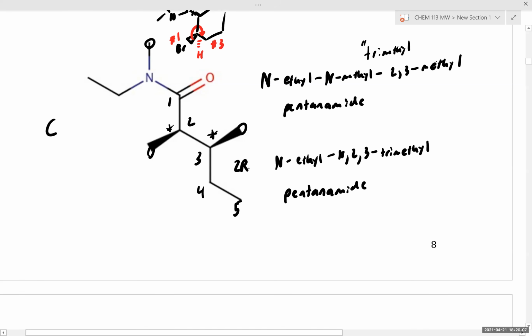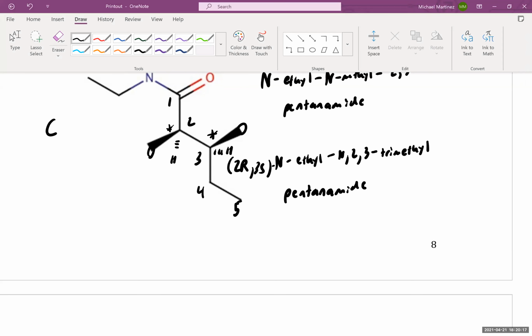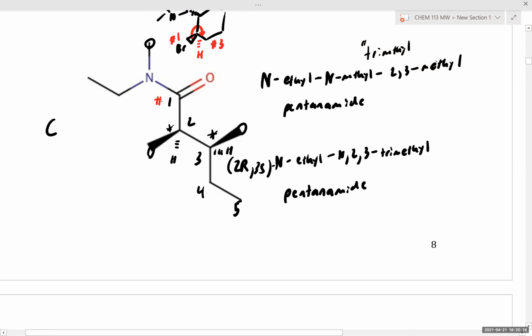So we have an assignment of 2R3S. Okay, let's take a look. For each of these stereocenters, the amide is priority 1, this long alkyl chain is priority 2, and the methyl is priority 3. Tracing, that gives us an R stereocenter.